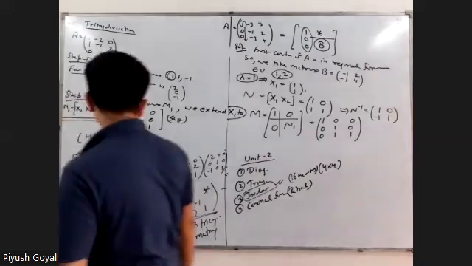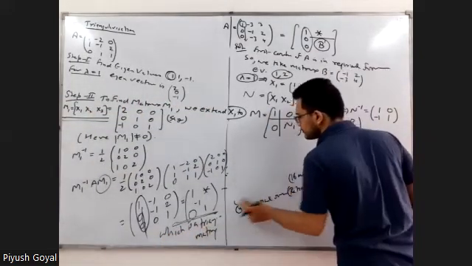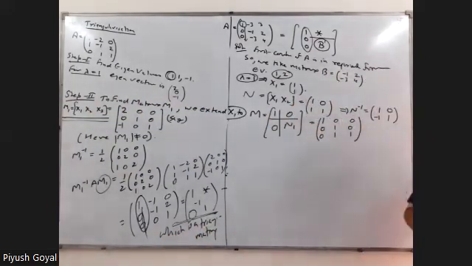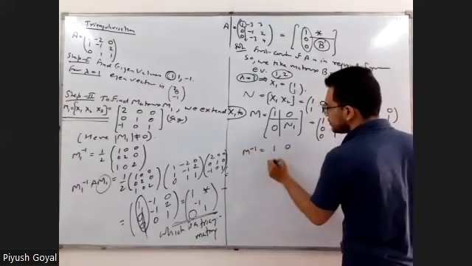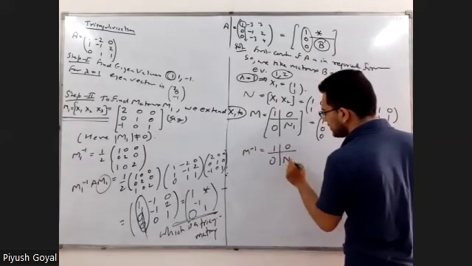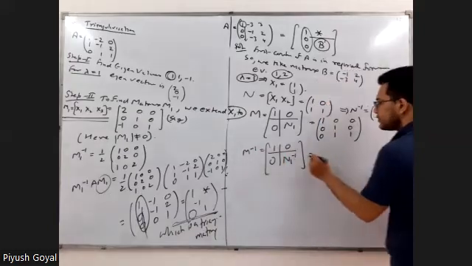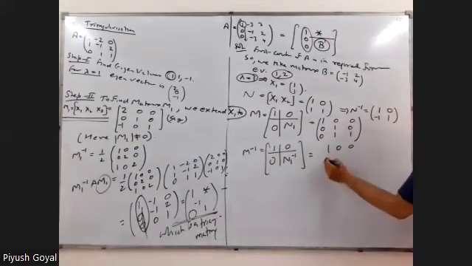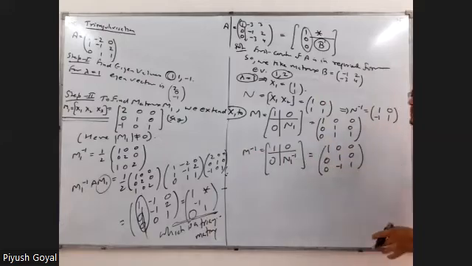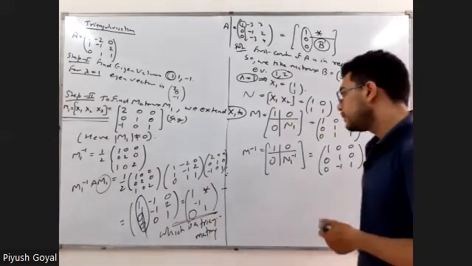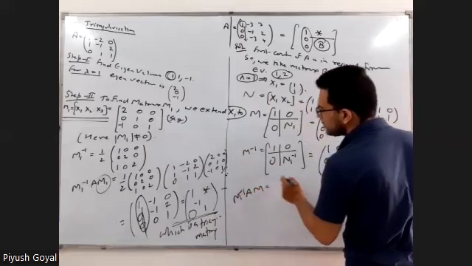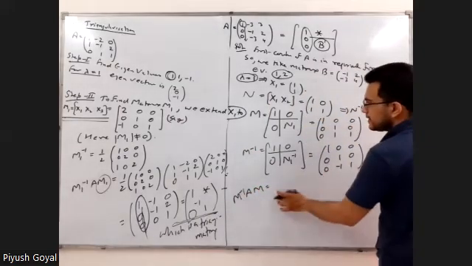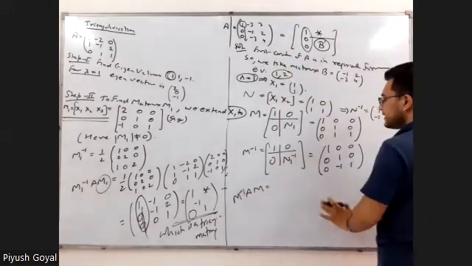Then you need M inverse. M inverse will be 1 0 0, and then this is N1 inverse. So you say this is 1 0 0 0 0 1 0 minus 1 1. Now you have this matrix M. You multiply this matrix M inverse into A into M. So obviously you have to multiply this, then this, then this.